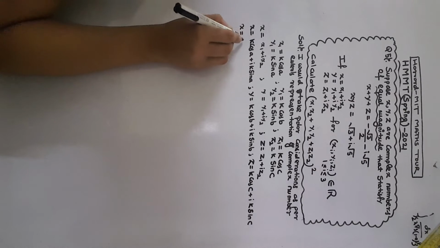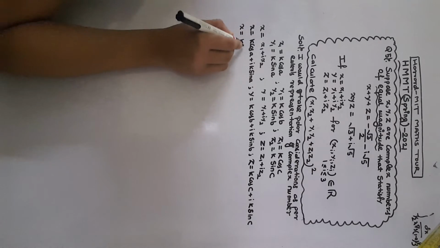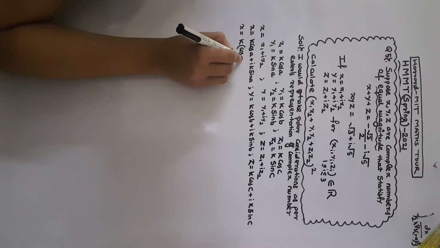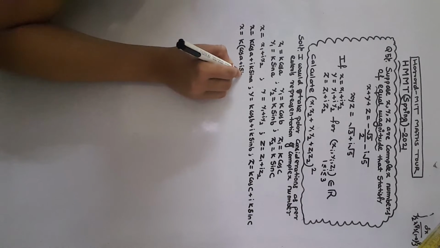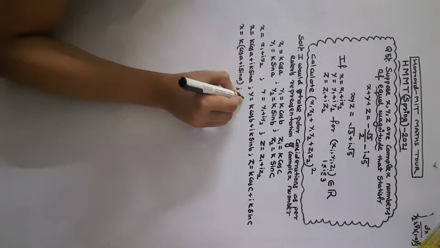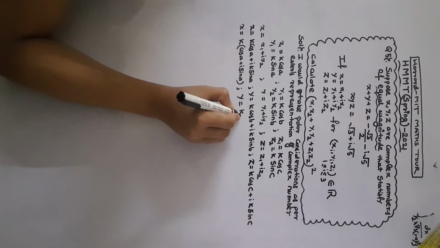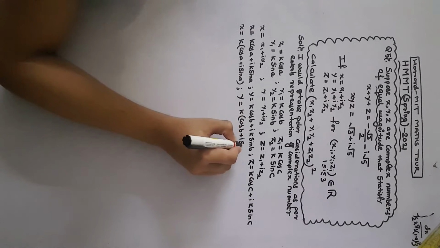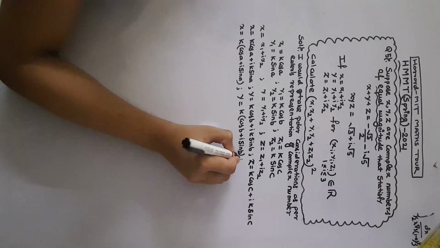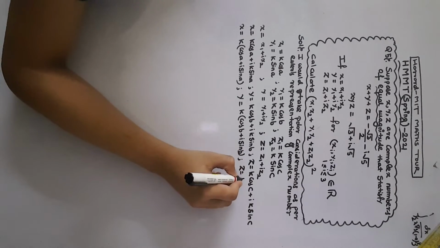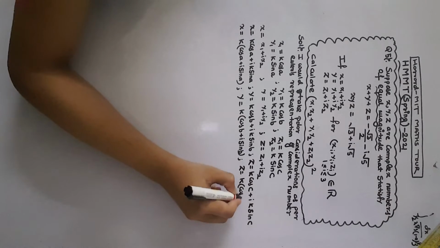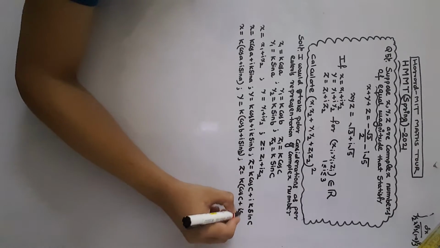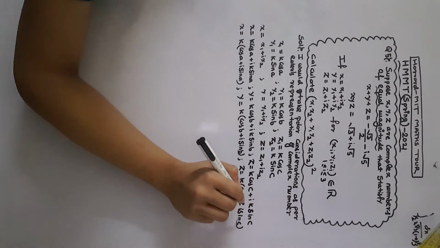So x is equal to k times cos A plus i sine A, y is equal to k times cos B plus i times sine B, and z can be represented as k times cos C plus i sine C here.